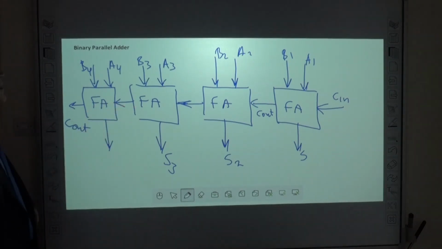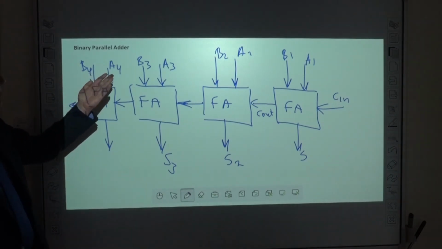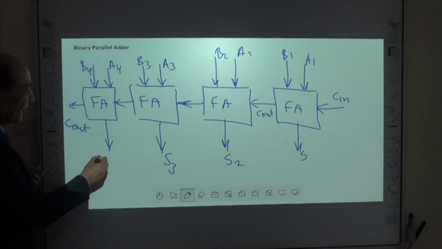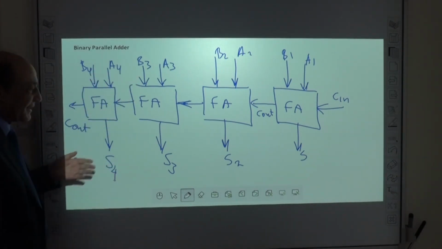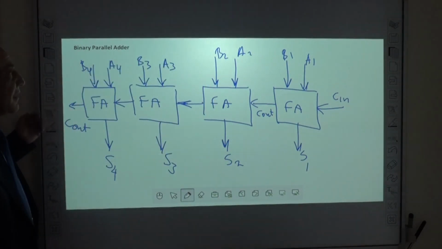This is a 4-bit binary parallel adder. It can add a 4-bit number A with another 4-bit number B and generate a 4-bit sum S and carry out.